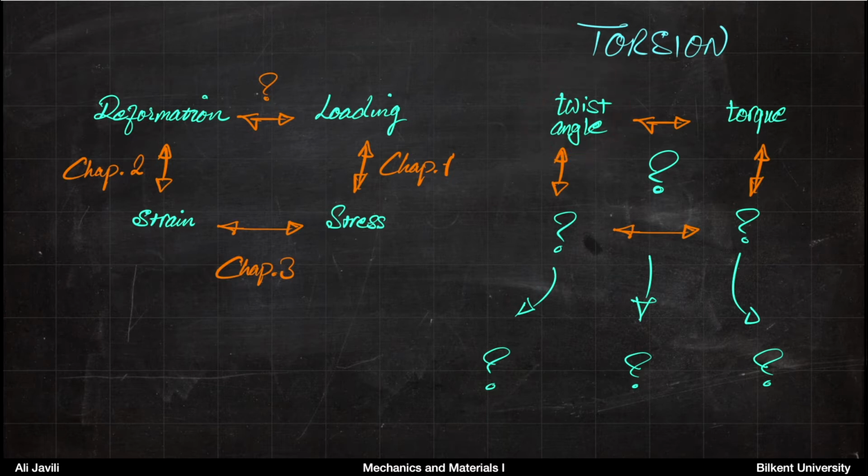So we are not looking for something like delta as before, we are looking for something like phi, that would be an angle. And then the type of loading that we are interested in is not a normal force P, it is something like a moment or a torque. Okay, so we would have torque, we would have phi.